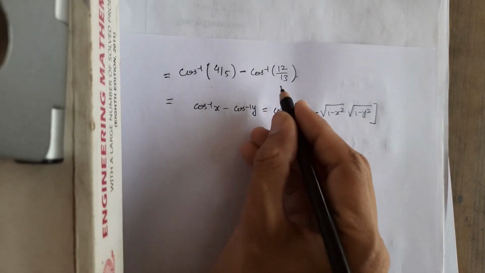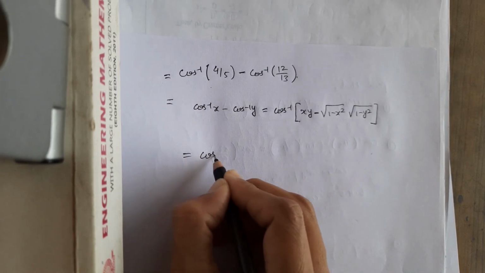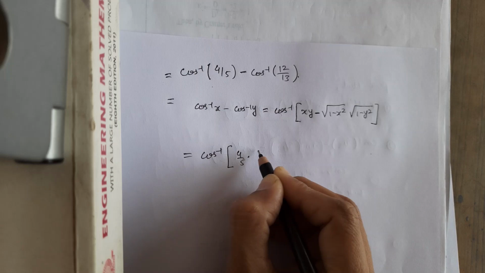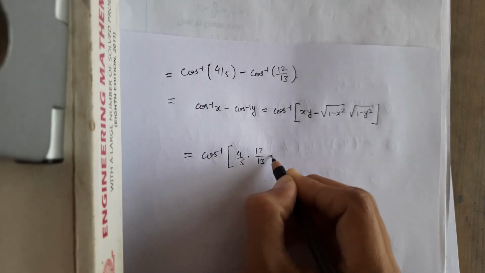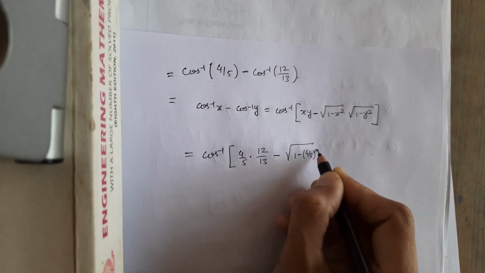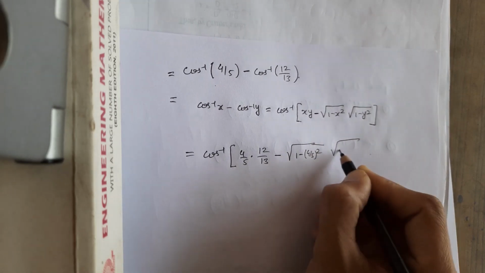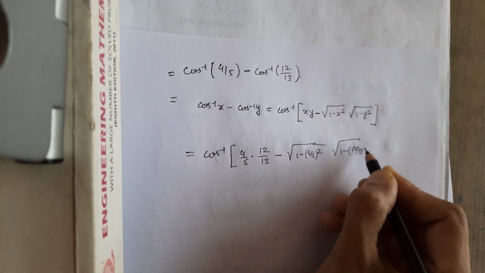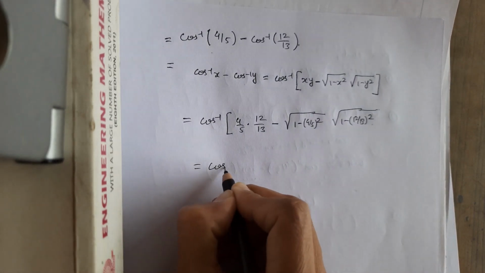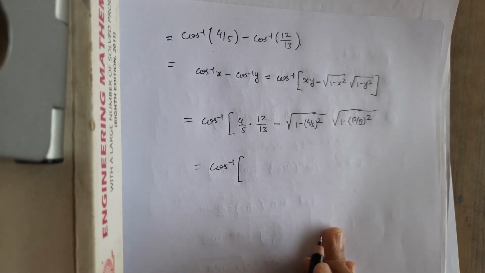Now I am applying this property here. So what will I get? Cos inverse of 4 by 5 into 12 by 13 minus root 1 minus 4 by 5 square into 1 minus 12 by 13 square. So do the calculation.